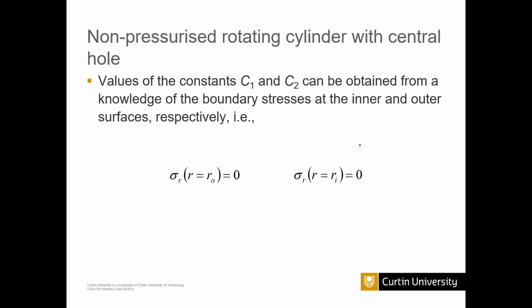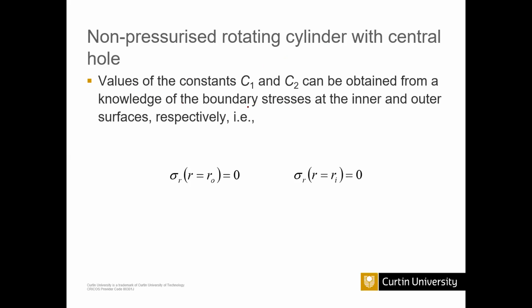Now a non-pressurized rotating cylinder, meaning Pi and P naught equal 0, with a center hole, that means a hollow cylinder. C1 and C2 are obtained from the boundary stresses.